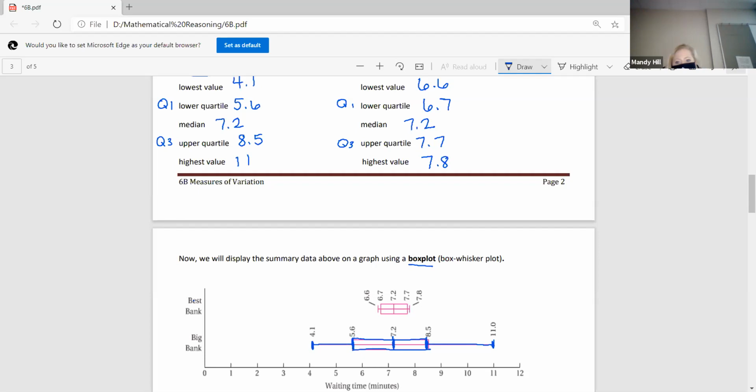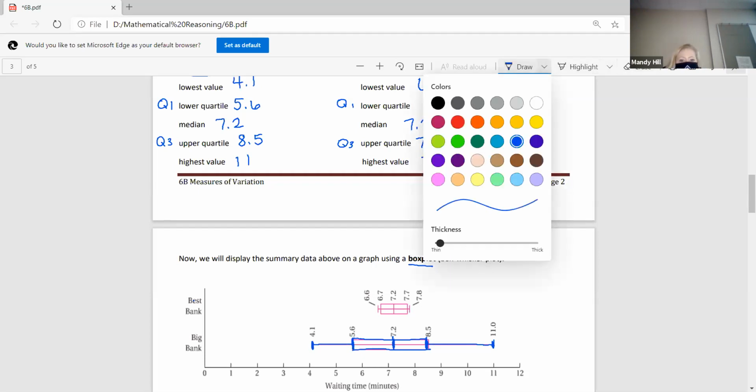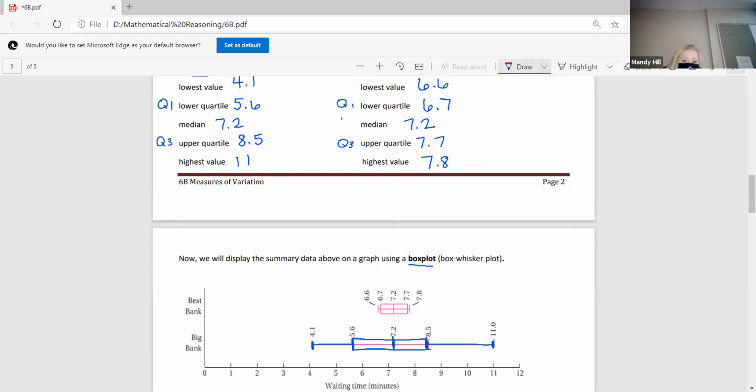On Best Bank, I'm doing the exact same thing. I'm going to take my numbers in my 5-number summary, 6.6, 6.7, 7.2, 7.7, 7.8. Some of these you're going to have to estimate a little bit, because we're going by decimals and they're going by ones down here.